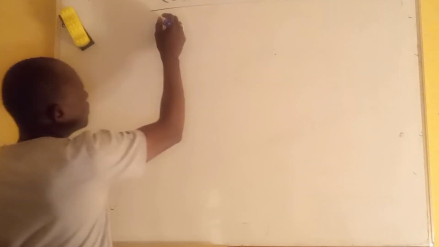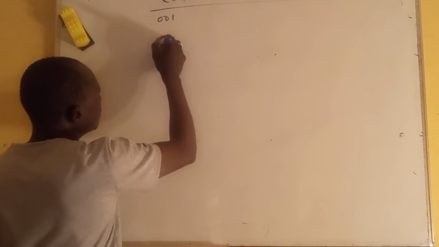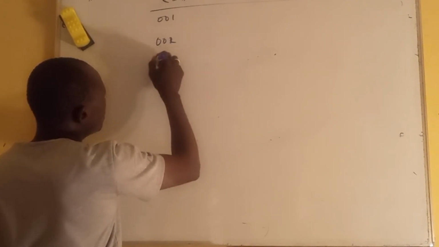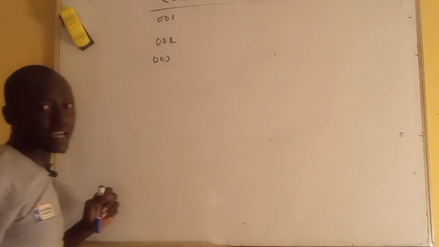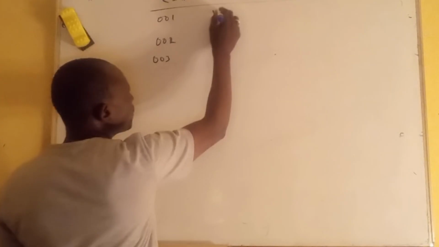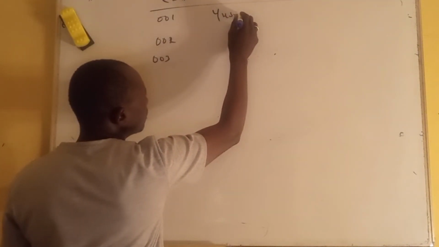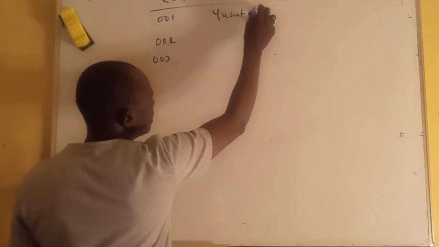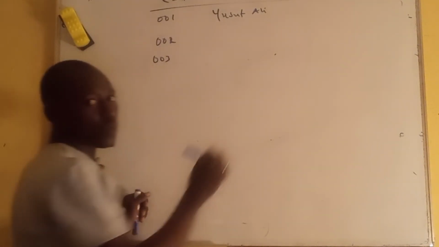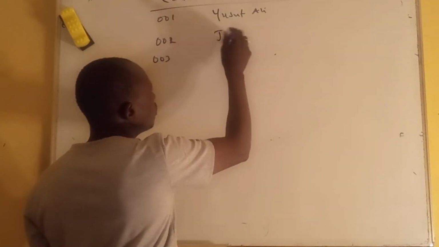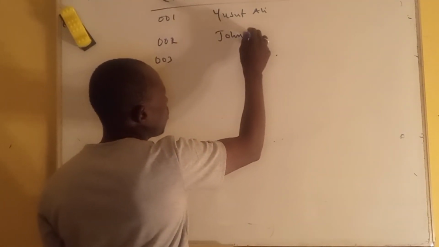Here we have 001, 002, 003, right? First, let's assume we have Yusuf Ali. The second one we have John Omoyele.